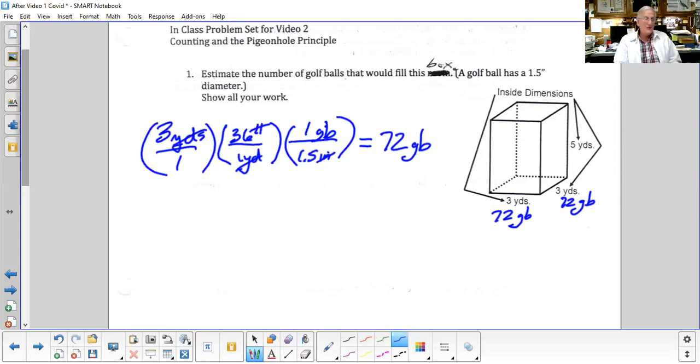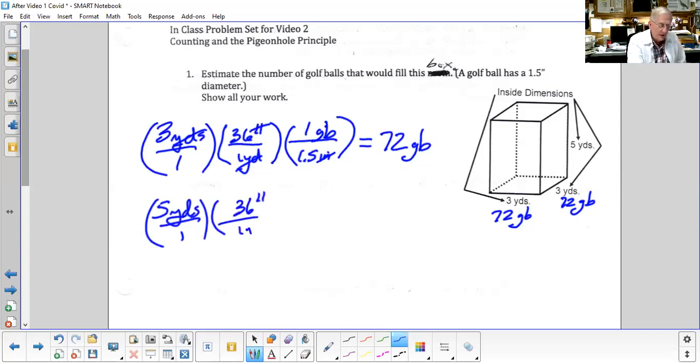All right, to do that, what I will do is convert 5 yards into golf balls. Again, it's 36 inches per every 1 yard. For each golf ball, it is 1.5 inches in diameter.